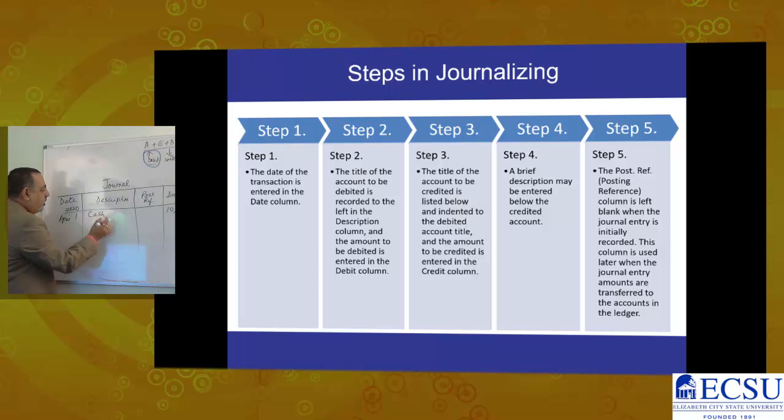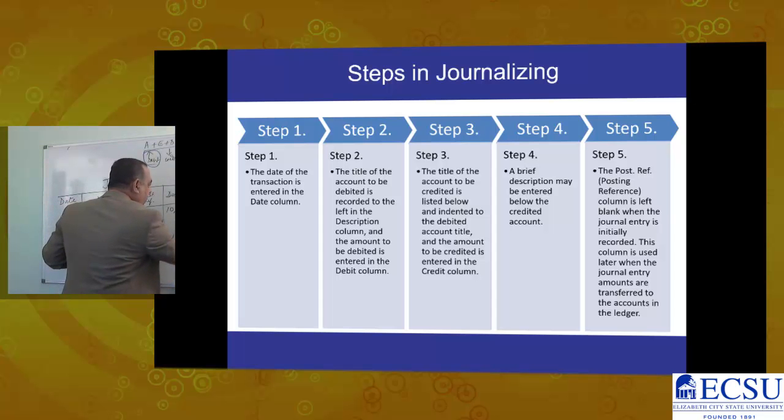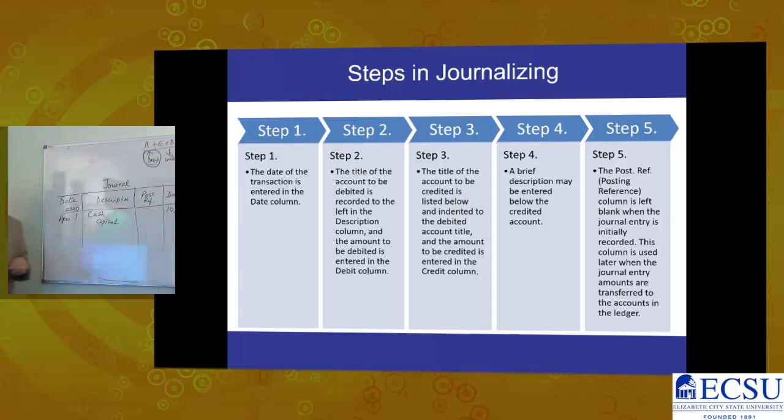Basically leaving a space. So I might start writing somewhere here, capital. This is something accountants have been doing for several years now. It has become a matter of practice. As soon as you see this, I know the first account is a debit account, and the second account is credited by looking at that indent. That's how we know which account is debited and which is credited at a glance. And that 10,000, of course, is written in the credit column.